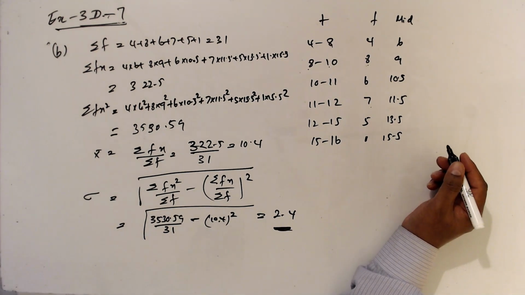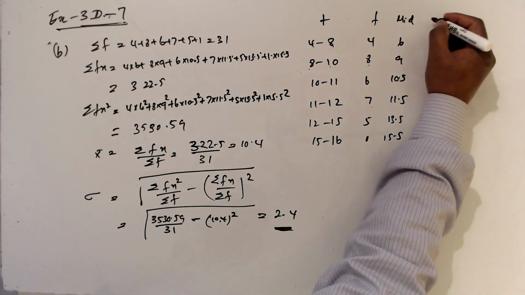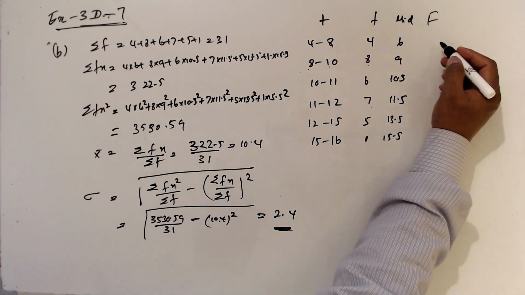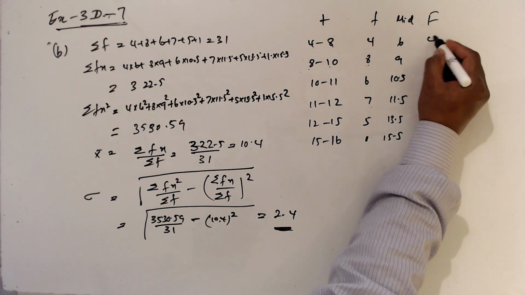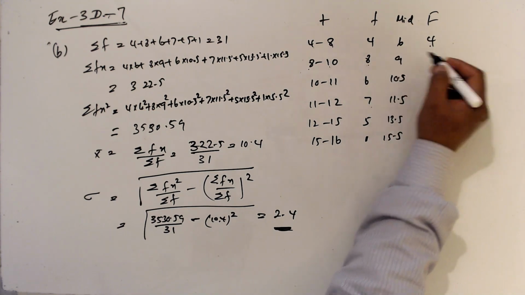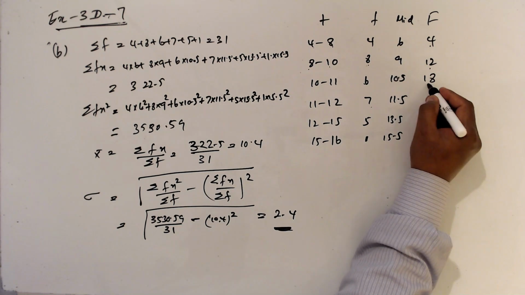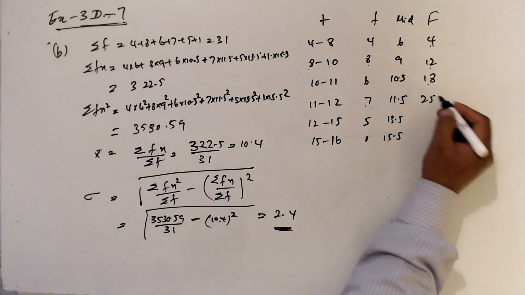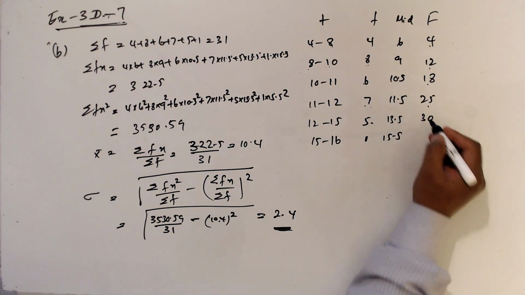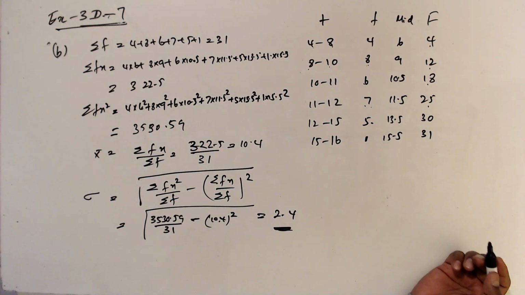So now we need an estimate for the lower quartile. Cumulative frequency: 4, 4 plus 8 is 12, 12 plus 6 is 18, 18 plus 7 is 25, 25 plus 5 is 30, 30 plus 1 is 31.